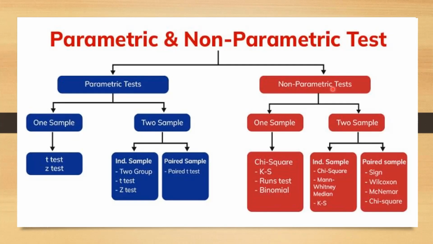Parametric test is a kind of test where normality is usually assumed. In other words, if I plot my graph of my data, it should form a bell shape. That's the parametric test.